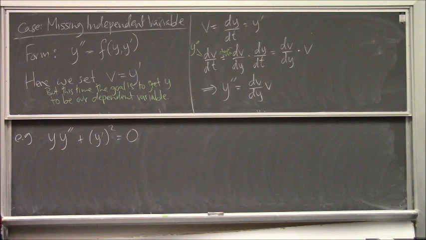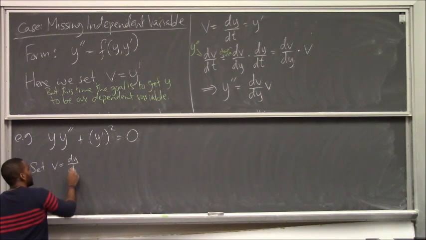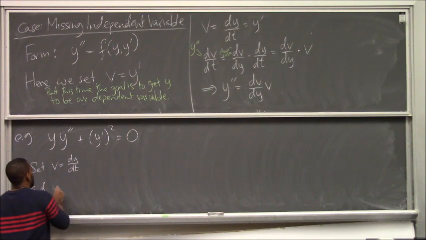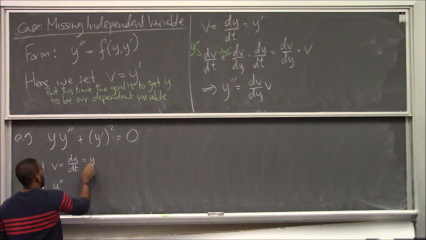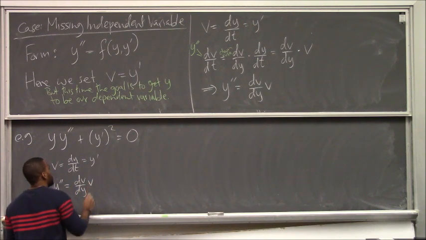What matters is that we have a second order equation and there are no t's anywhere. So what we can do is set v equals dy dt, and set y double prime equals dv dy times v.